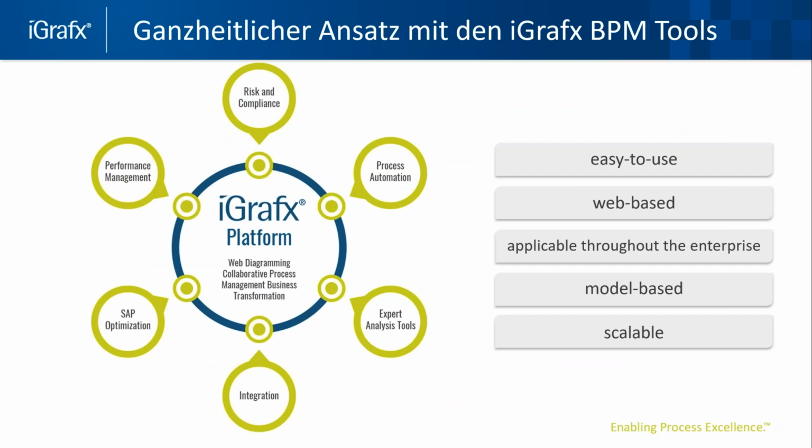Okay, so the next slide is the holistic view of the Grafx platform and what we can do with it. From SAP optimization, integration with other tools, expert analysis tools, for example, for process simulation and so on. We also have components like process automation, risk and compliance, and performance management, as I also mentioned in the slide before.